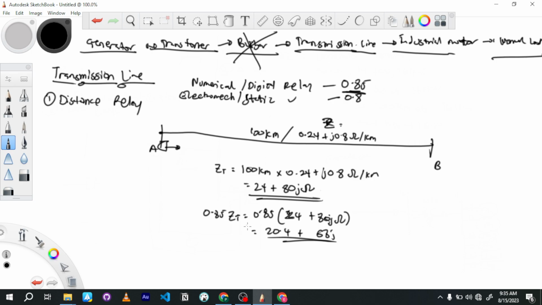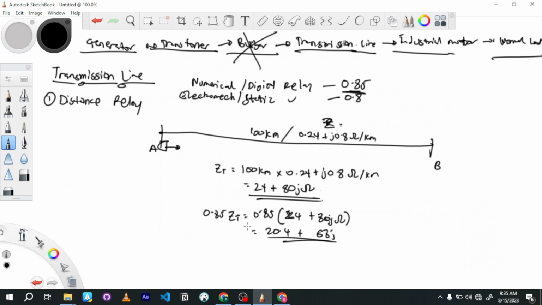Zone 1 is 0.85 or 0.8 of the protected line. Zone 2 is 1.2 times the protected line, so let's say we have only one line, 1.2 times the protected line, or 100% of your protected line plus 50% of your shortest adjacent line.